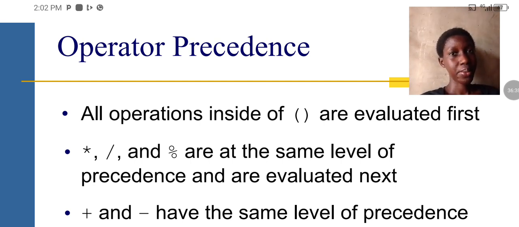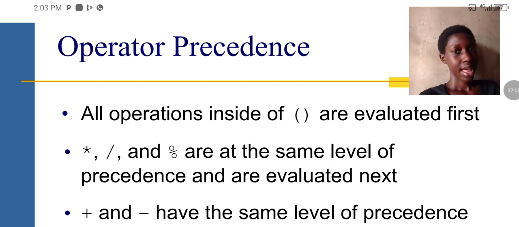Just like we have BODMAS in mathematics, in programming we also have PEMDAS: the parentheses, then if there is an exponent, then the exponent, then the multiplication and the division. If there's a modulo, you also add it. Then the addition and the subtraction come after.